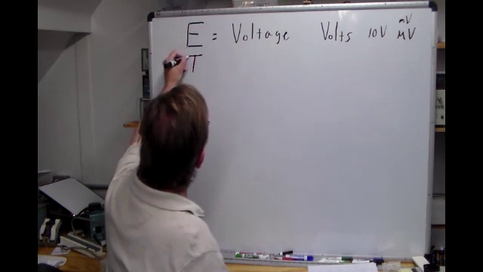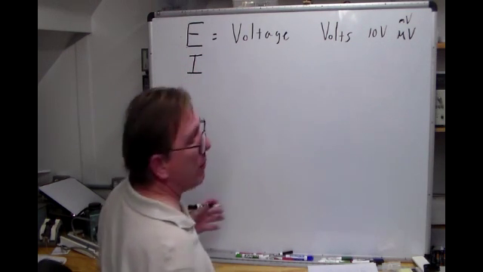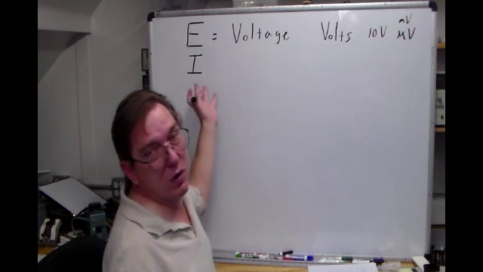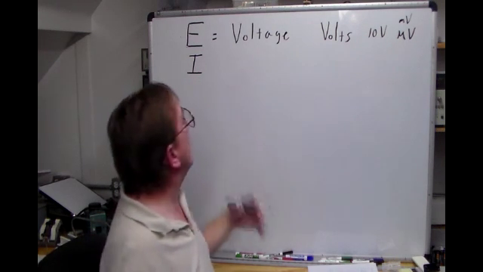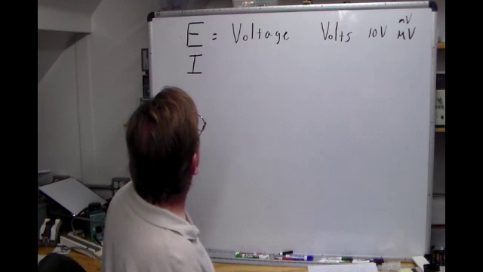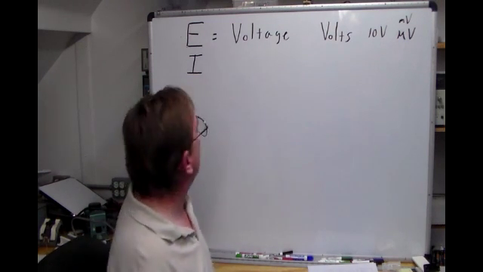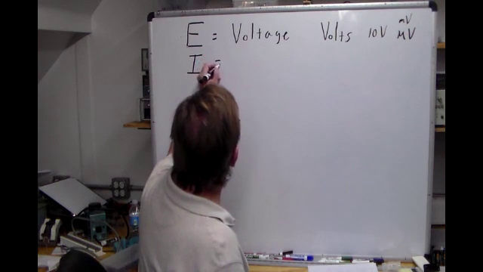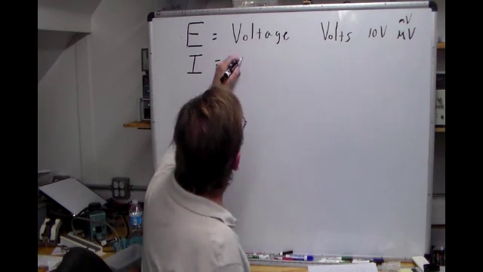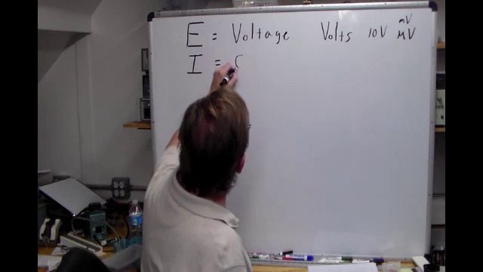And that's what is I. And I want to point out that it's not my choice to use these letters to represent these values. On Ohm's law and electricity in general, the early work was done in Europe. And not by English speakers neither. So I is current.